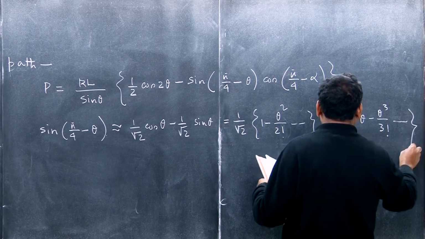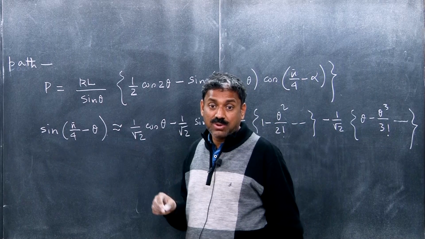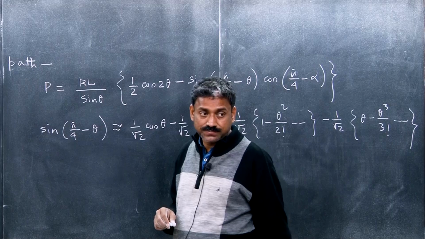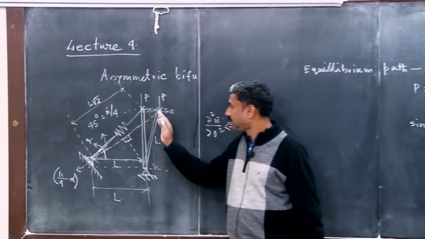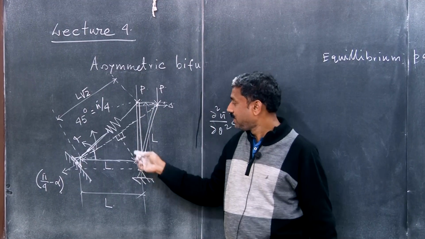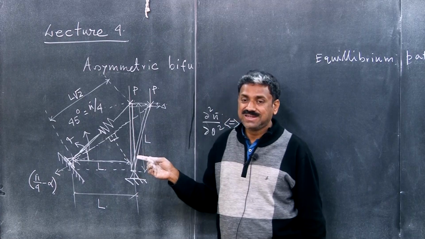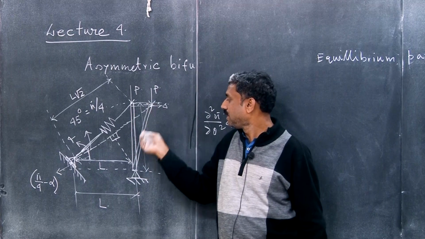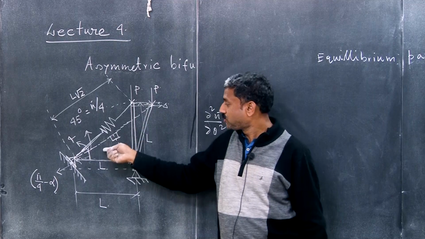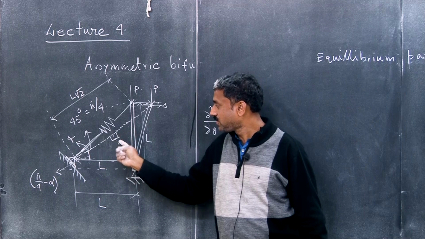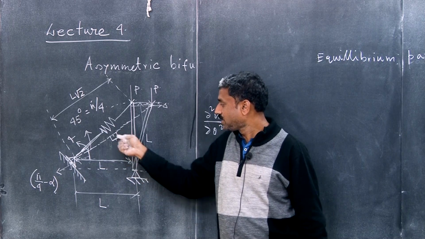Why I am doing this will be clear to you, because this is an asymmetric system. Why is it asymmetric? Because when you are pulling it apart, this is the restoring force. The destabilizing moment is nothing but PL sin theta. The restoring moment with respect to this point is the restoring force multiplied by the lever arm.